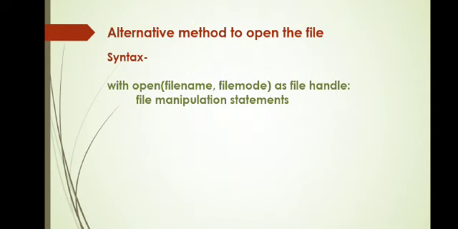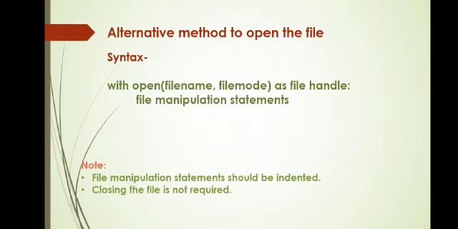And what will be those lines? Those lines will be the statements which you use to access the file, that means file manipulation statements. These can be one or more than one, but since they are part of this compound statement, they will be indented.